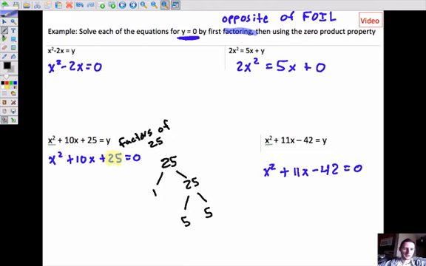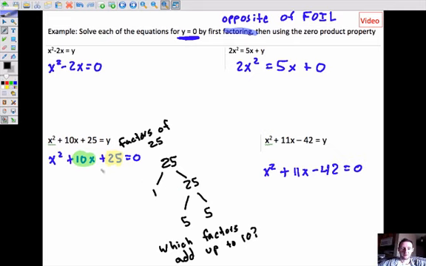The next part I need to look for is the coefficient on the x term, not the x squared, the x term. And I need to look for which of the factors add up to 10. So I'm going to pick 1 and 25.